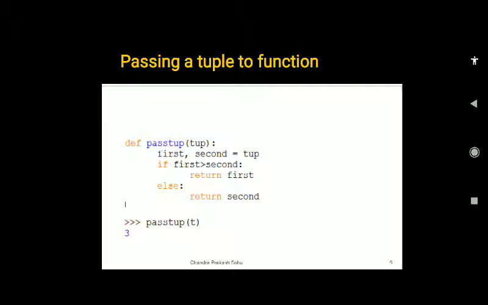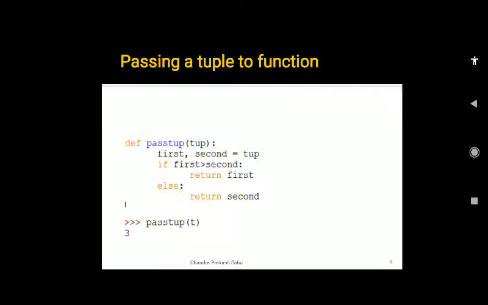Here before calling this function you have to create a tuple t equals 2 comma 3 inside brackets, and then with this line pass tup in brackets t, you pass it to the function.